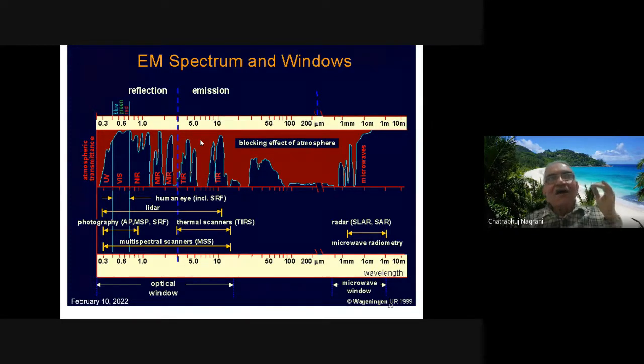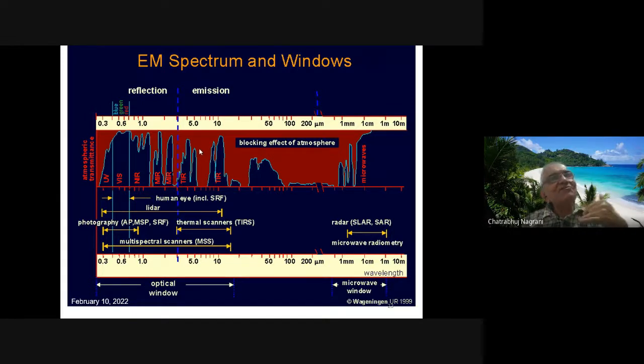And finally, when I get back to the atmosphere at 300 kilometers, because Earth is at 300 Kelvin, I know what radiance I should get and how much I am getting in that wavelength. That will tell me how much is absorbed in the atmosphere. And from that absorption, I can find out how much water vapor is there in the column through which the radiance is coming.